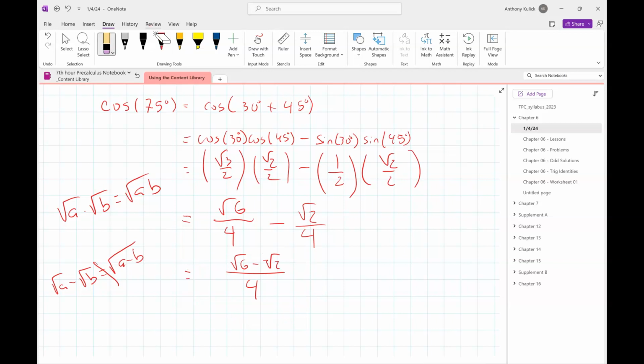Does everybody feel okay with what I just did here? Not a big deal, right? Now, if you had chosen to do cosine of 120 minus cosine of 45 instead, what would have happened?